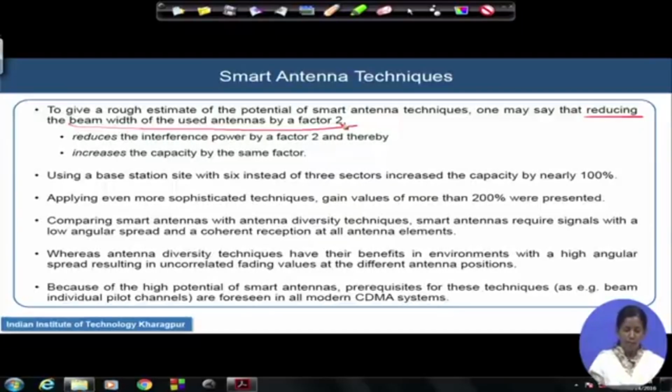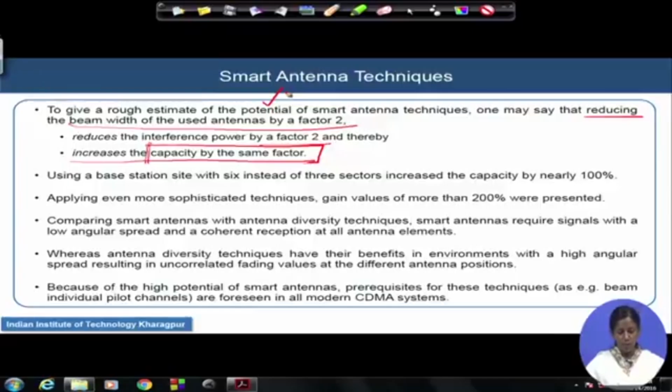If I do that, then it reduces the interference by a factor of 2, but it increases the capacity by the same factor of 2. As the interference is getting reduced, also remember the signal power is getting more confined within the beam width. So, here is the very important potential of the smart antenna technique coming into the picture.